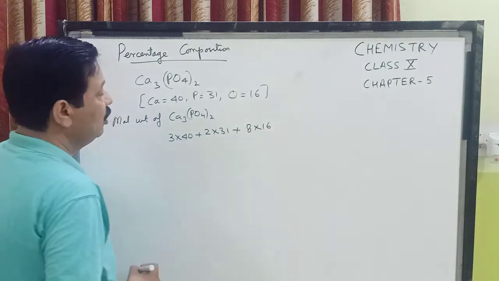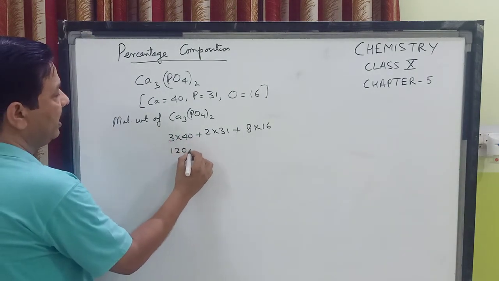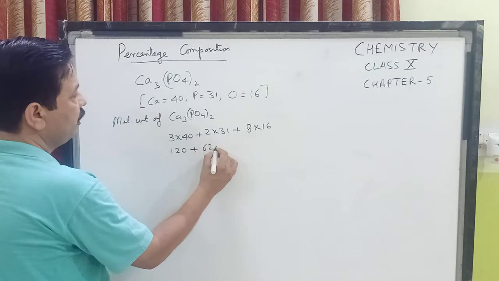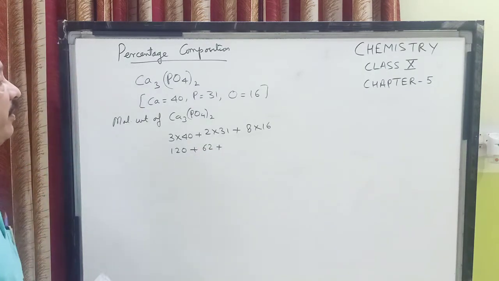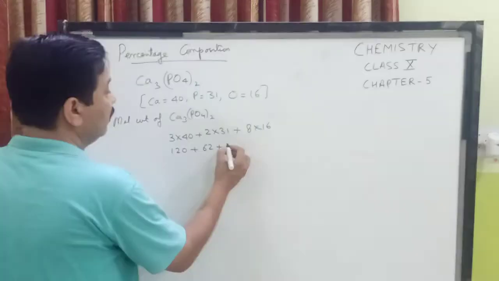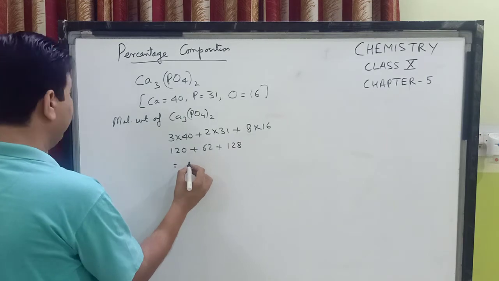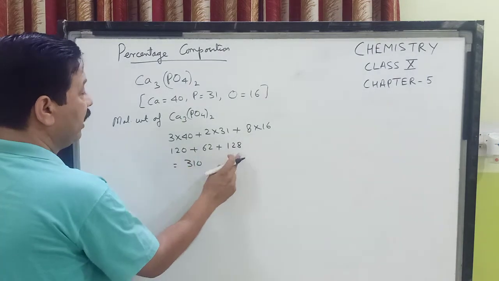So 3 into 40 makes 120, plus 62, plus 8 16s, which comes out to be 128. If you add this, it will come out to be 310.